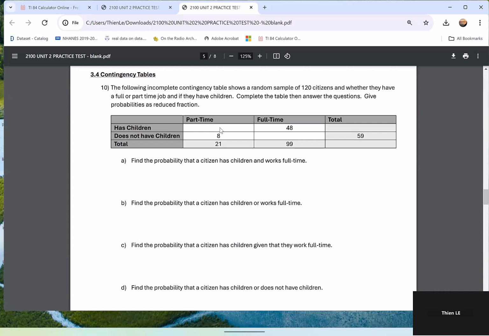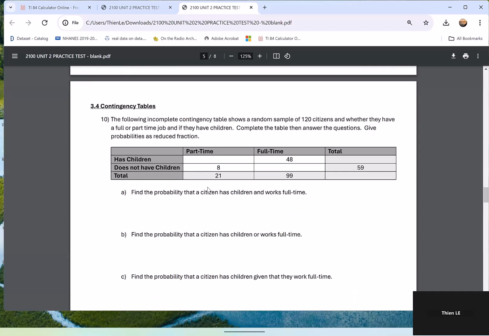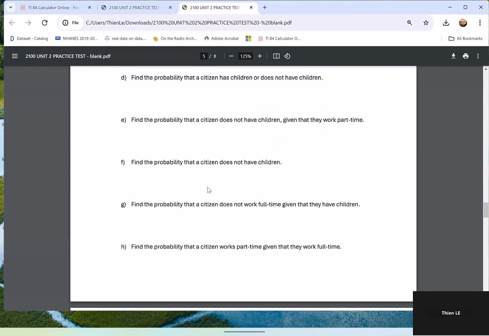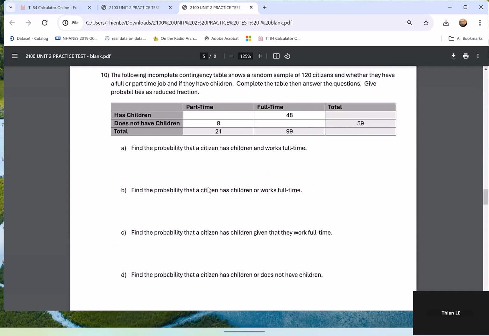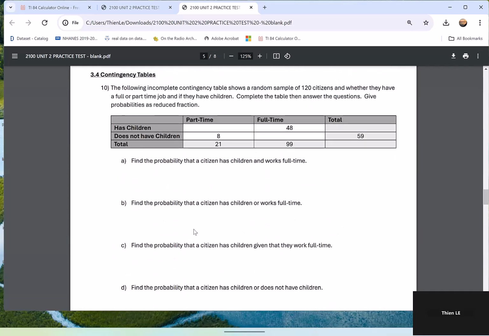And you can also fill up the totals here to make the calculation eventually easier, because you need one of those numbers in one of the questions below. So after you fill up the table, which is 13 here, 51 here, and the sum you put here, 120 here, and this will be 13 plus 48, which is 61.